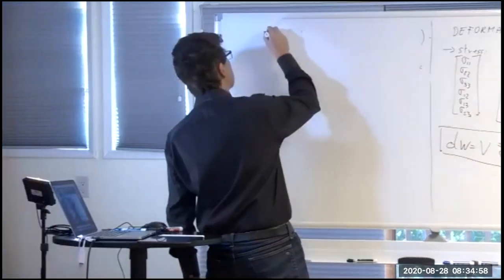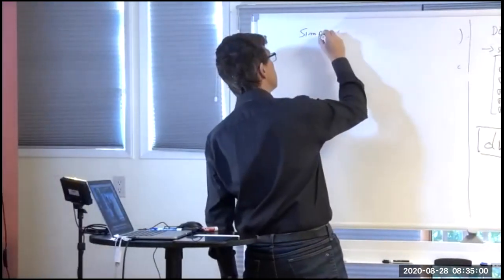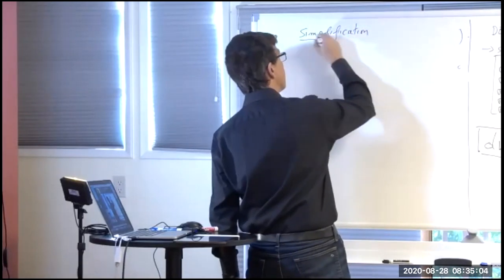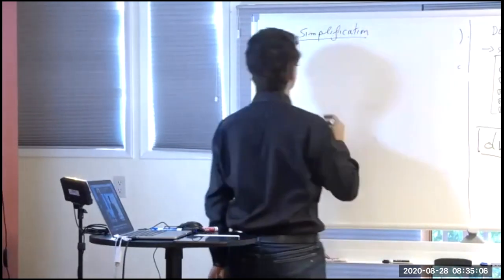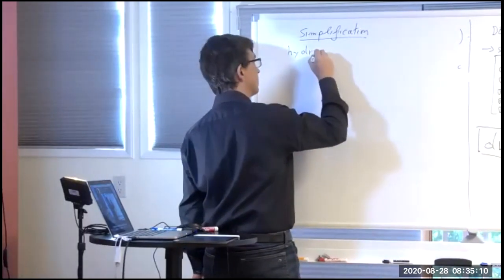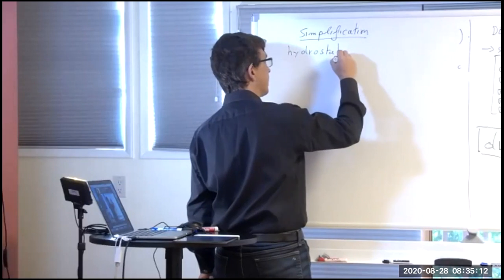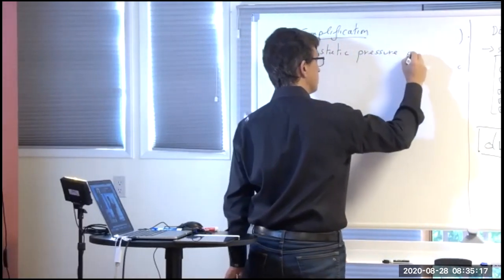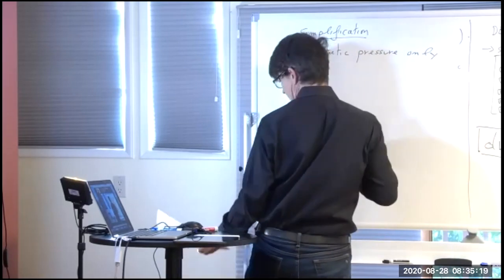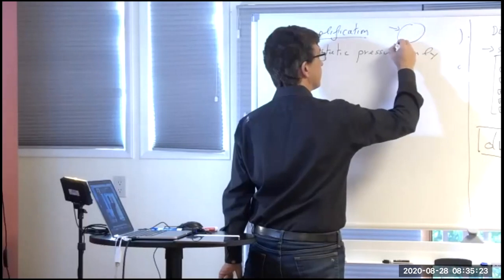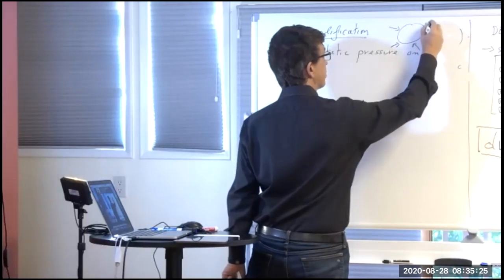So you can simplify this often quite a bit. A simplification comes when you have a system under hydrostatic pressure. So if you have hydrostatic pressure only, so you have just pressure applied everywhere.